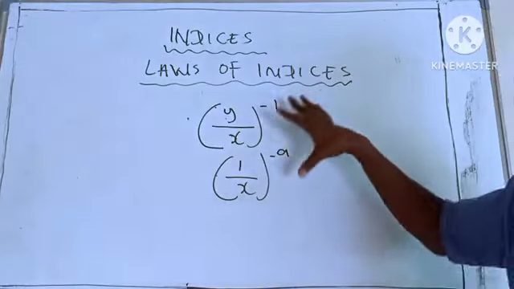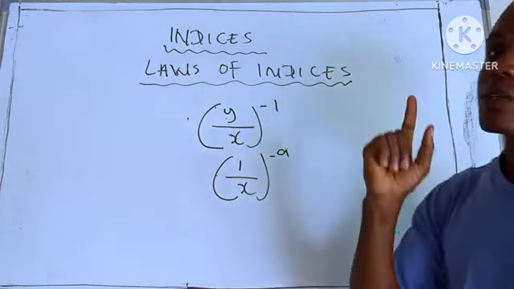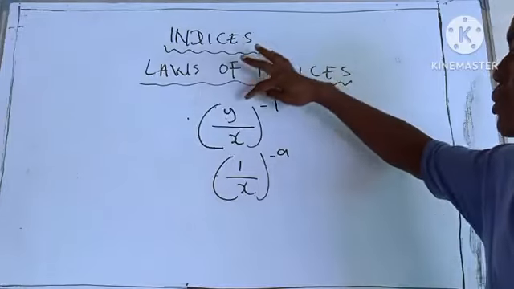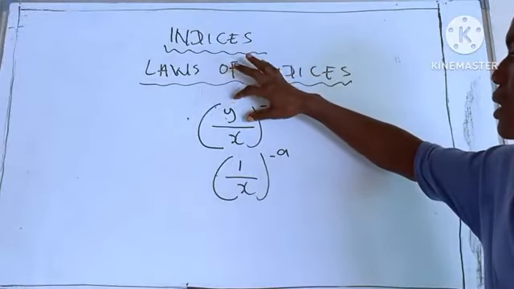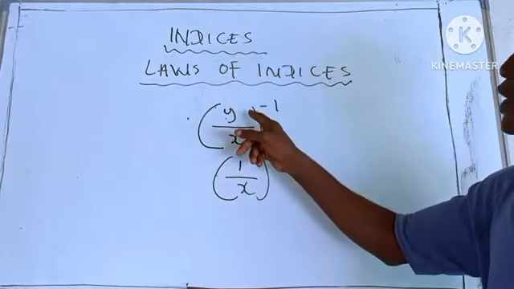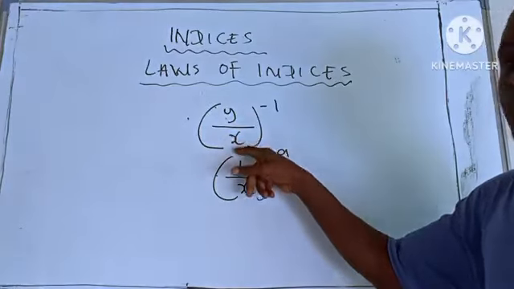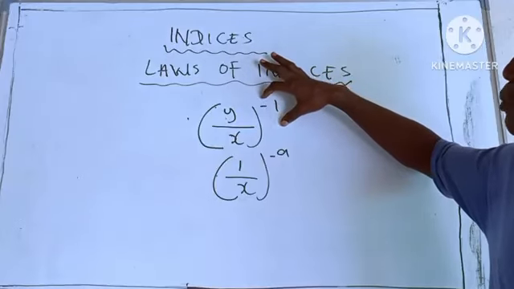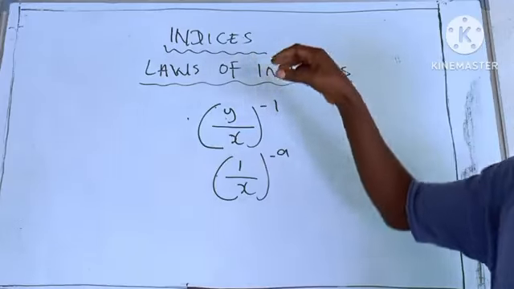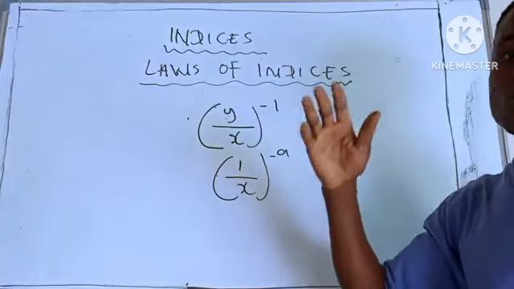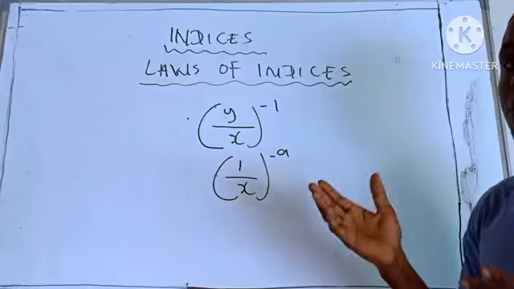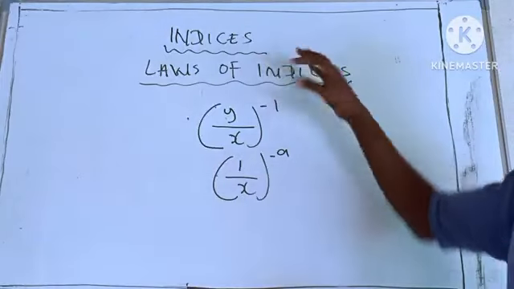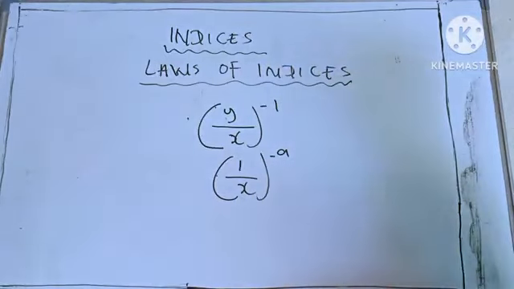So understand this one first. When you are solving a math equation and you come across a numerator divided by a denominator, then raised to power minus, it can be -1, -2, -3, -4, any number, but the minus sign is there. So that is the main thing.